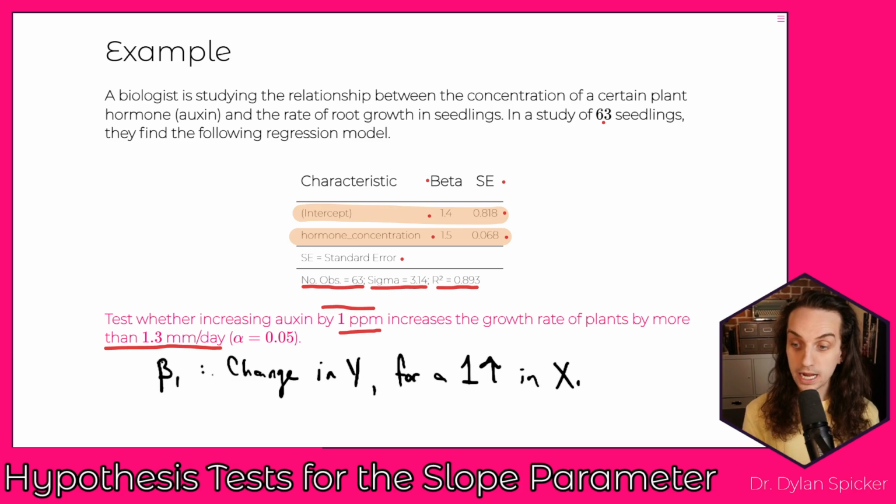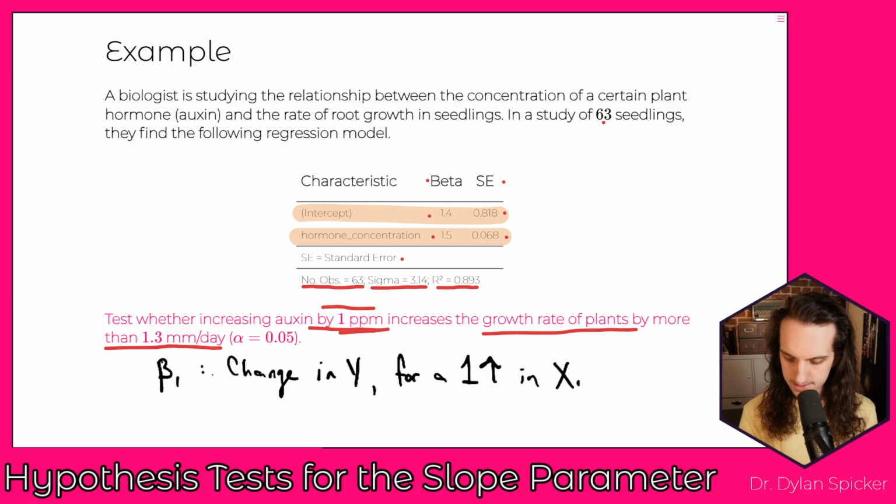Okay. And so what we're asking here is that if we increase x by 1 unit, right, if we increase oxygen by 1 part per million, how is that going to change the growth rate, right? And the growth rate is going to be y. And so in other words, what we want to say is, is beta 1 greater than 1.3? Okay. And so that's the question that we're actually trying to ask here.